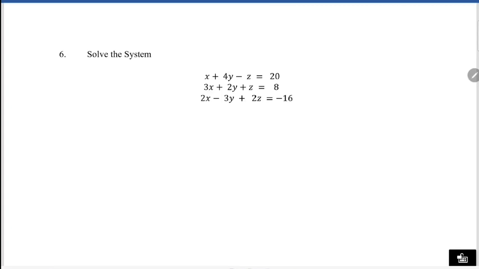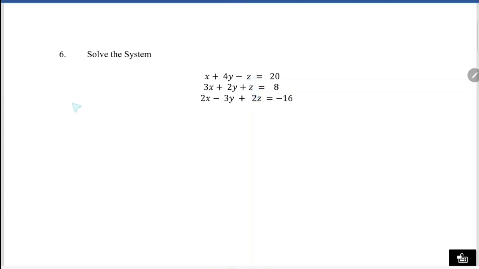You can pick any 2 of these equations, and the goal is going to be to eliminate one of the 3 variables. I see outright that it'll be easy to eliminate the z, because we have a minus z and a plus z.